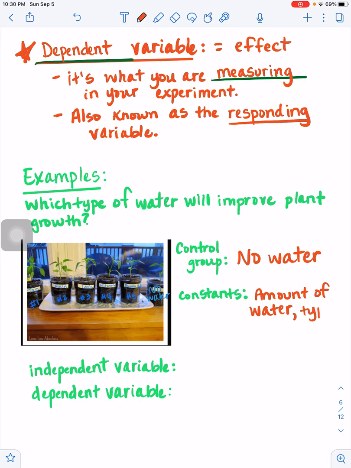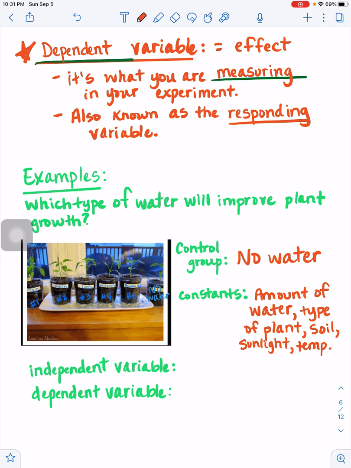The type of plant would be the same. Soil. The type of soil, the amount of soil. Sunlight, you'd want to make sure they get the same amount of sunlight. The temperature. Put temp. So those are some examples of constants. You're not testing those things, but you want them to be the exact same for all of them.